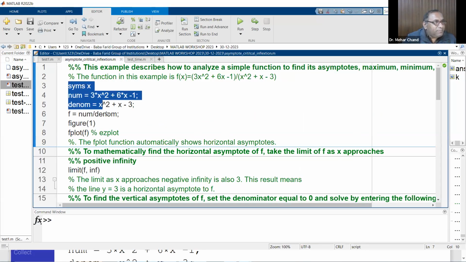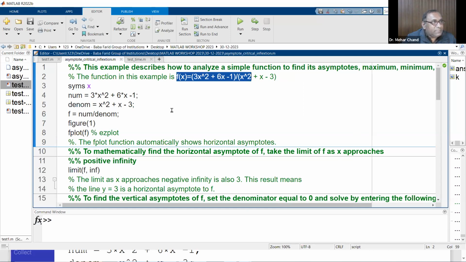Then we have the syntax to convert this function into MATLAB syntax. Either you can write it in a single statement, or you can define the numerator and denominator separately. Here this function involves the x variable, so we first define the symbolic variable syms x.